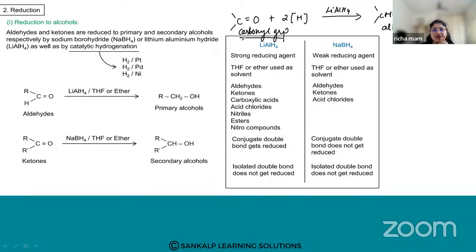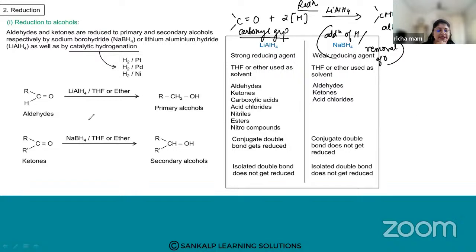So on any carbonyl group, when we do a reduction, which is nothing but addition of hydrogen or removal of oxygen, that you have to remember, we are going to get an alcohol.